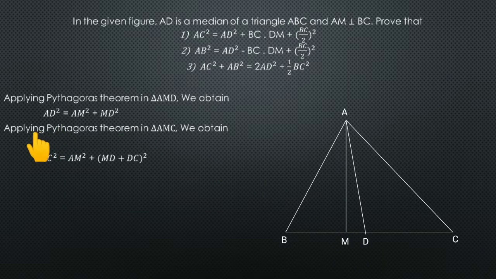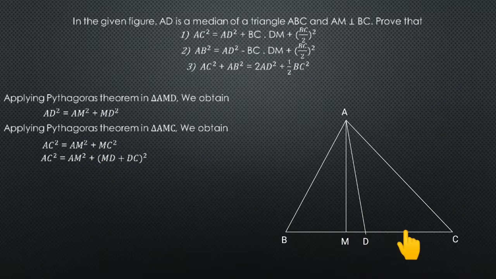Second, applying Pythagoras theorem in triangle AMC, AC square is equal to AM square plus MC square. Now AC square as it is, AM square as it is, and instead of MC we can write MD plus DC whole square.